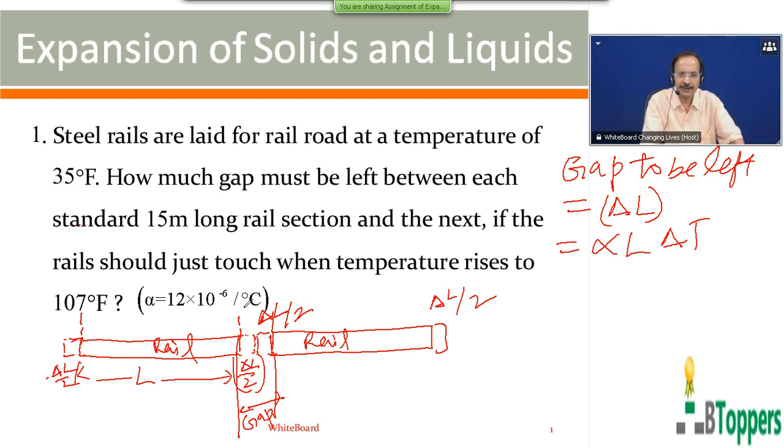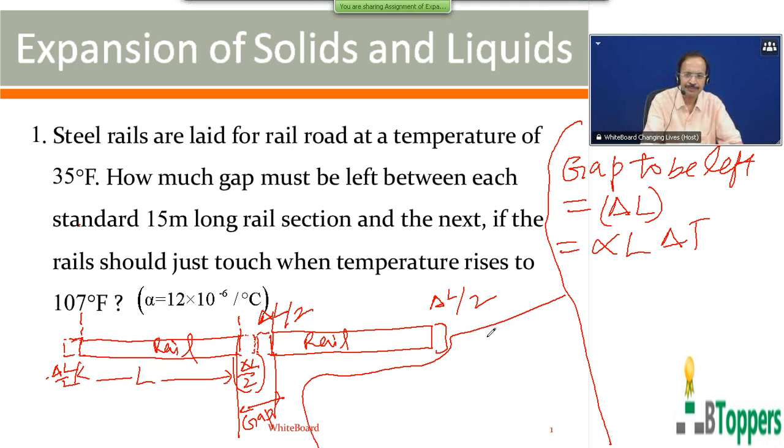Here alpha is expressed in per degree centigrade, but temperatures are expressed in degree Fahrenheit. So you have to convert the temperature difference from Fahrenheit scale to centigrade scale. So temperature on centigrade scale divided by 100 equals temperature on Fahrenheit scale minus 32 by 180.